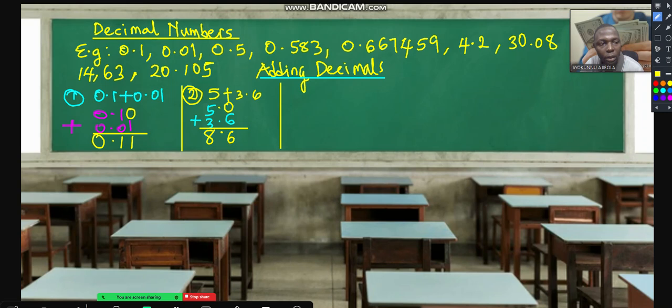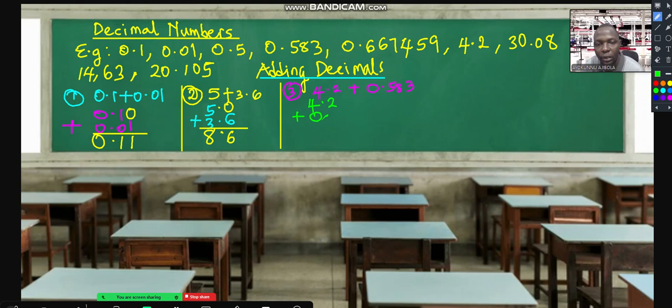Also, let's say we want to add another kind of decimal, number 3, 4.2 plus 0.583. Again, it's a decimal place value, so 4.2 plus 0.583, and your points must align.